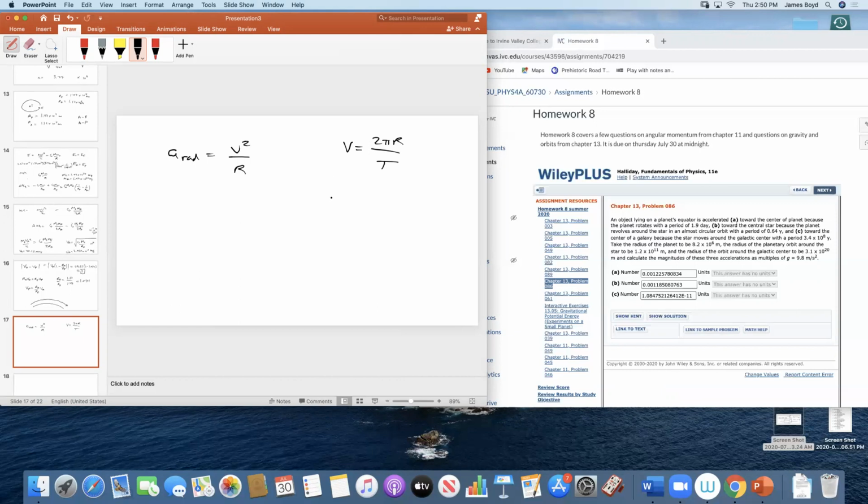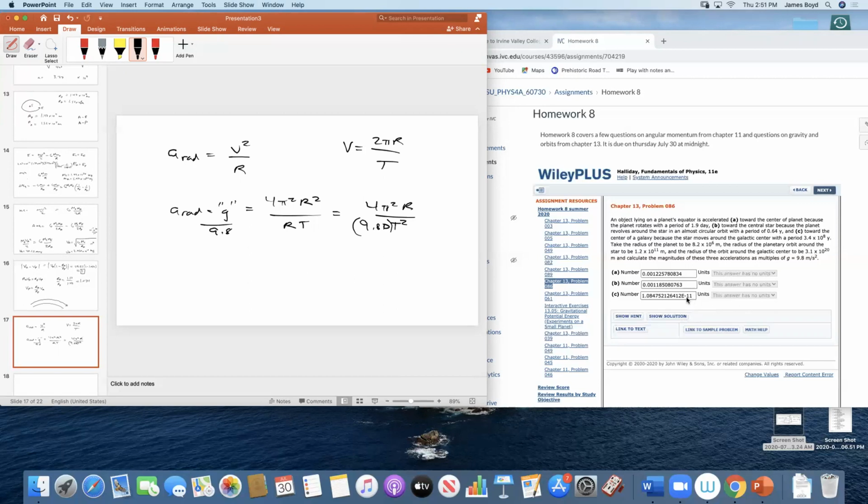Therefore, if I square this, a rad is 4 pi squared r over t squared. Now, we want it in terms of g though, so we need to divide by 9.8 on both sides. Okay, 9.80.